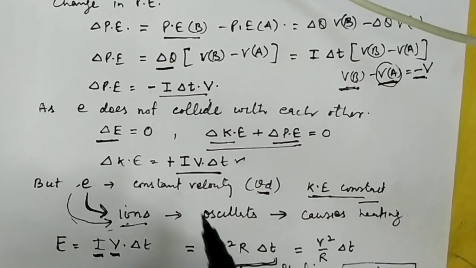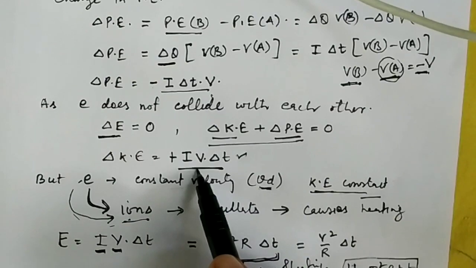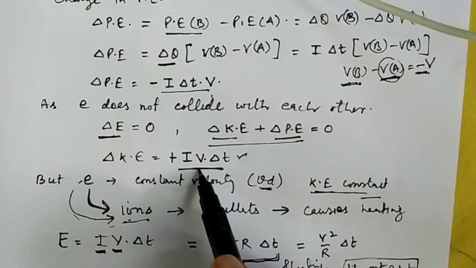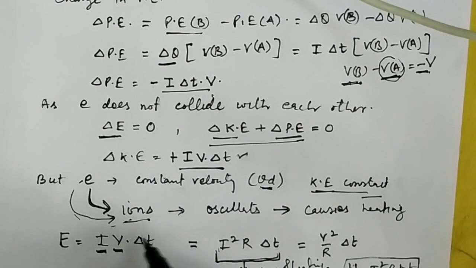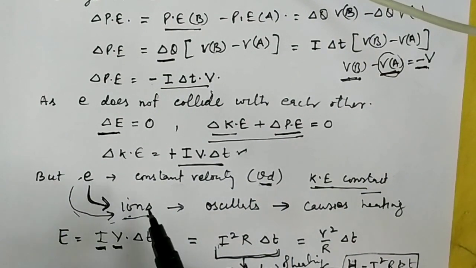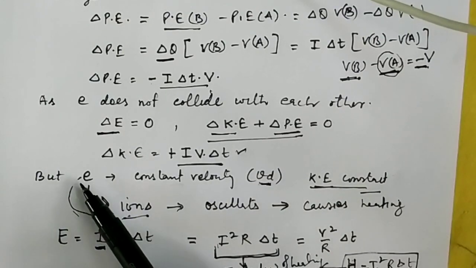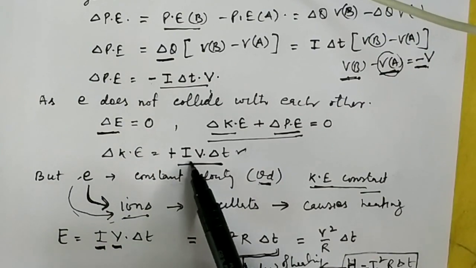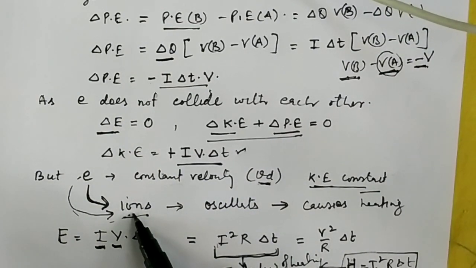But from the above relation, there is an increase in the kinetic energy of the electron. So where has this energy gone? It is observed that during the motion of electrons, these electrons collide with the ions and transfer this gained kinetic energy to these ions.